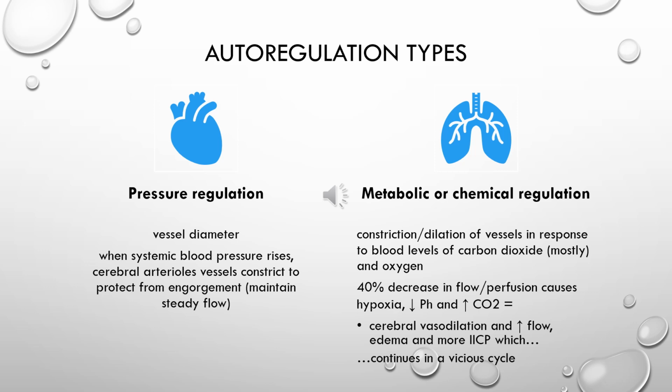You may see them keeping them closer to 30 to 35 for these people with increased intracranial pressures, because we know that CO2 is such a potent vasodilator, and we don't want to increase that cerebral vasodilation, which will increase the edema, which then again increases that ICP. So just something I want you to keep in mind with patients with head traumas is maintaining good ABGs and making sure that they do not start retaining too much CO2.